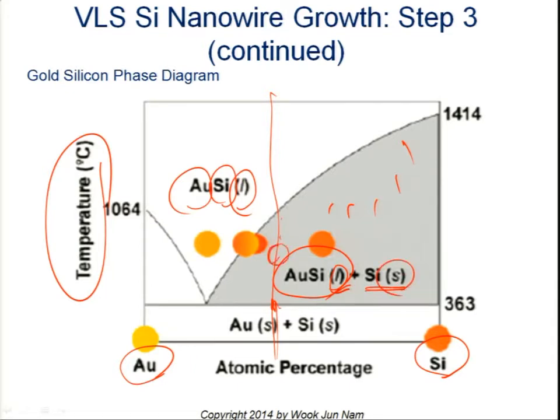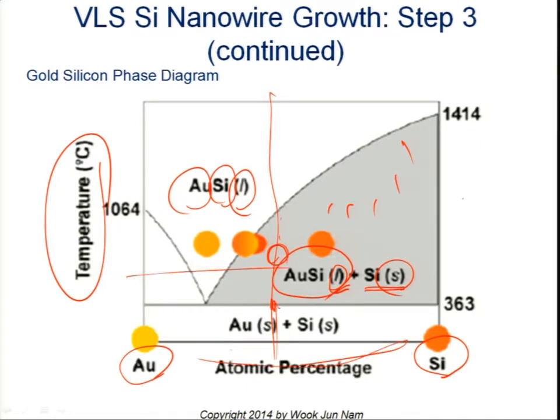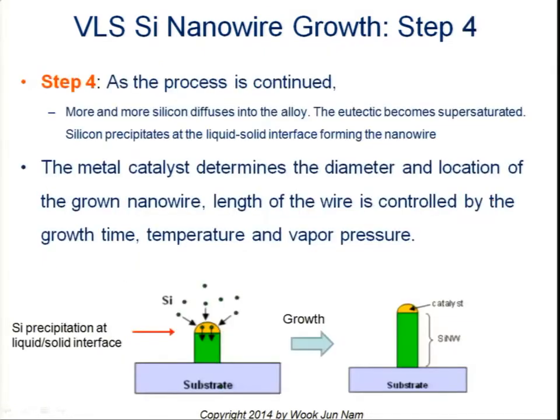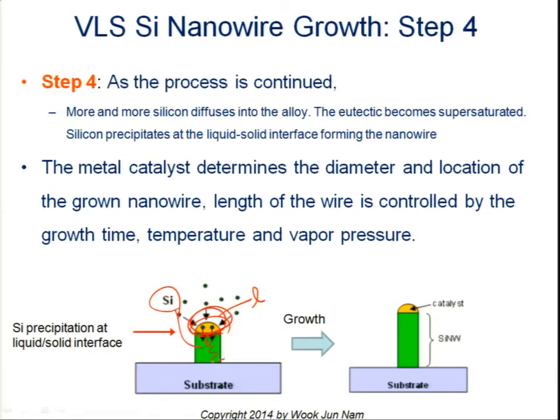So at some temperature conditions around here with this kind of composition, if we keep applying the source gases, the alloys remain liquid, but underneath the catalyst alloys, the silicon becomes solid, and it becomes a silicon nanowire.